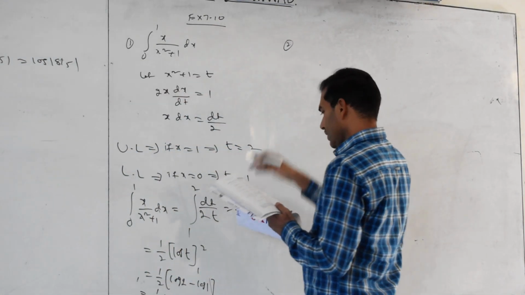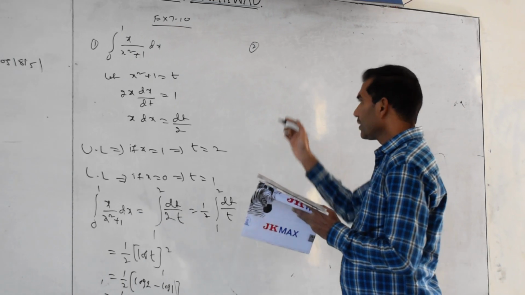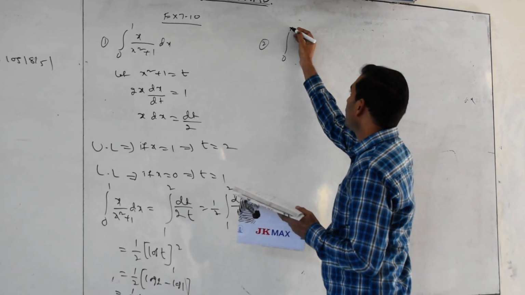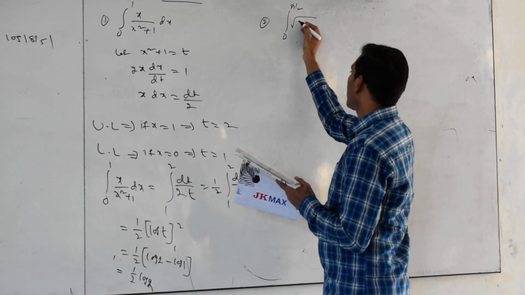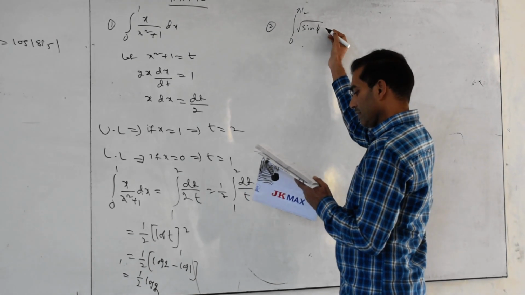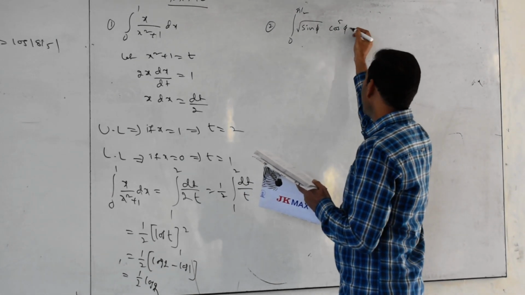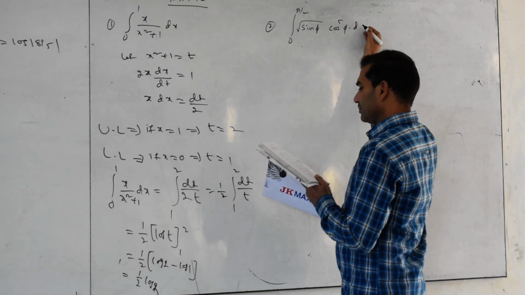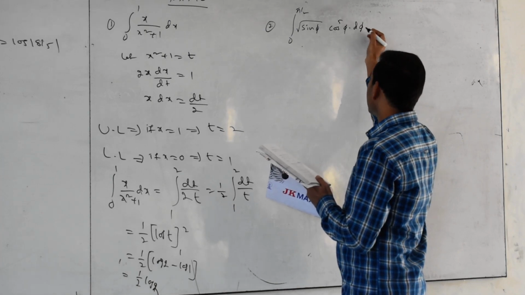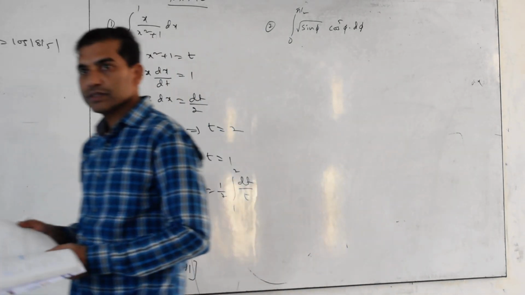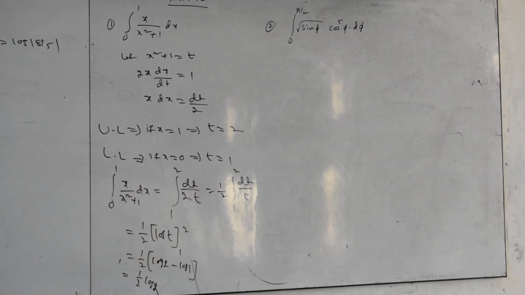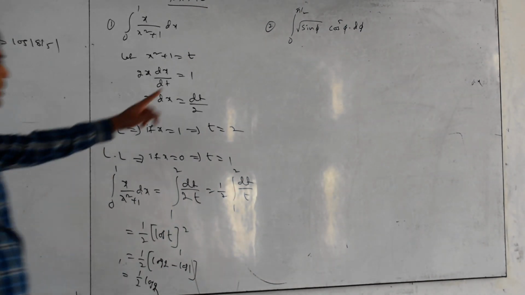Next, the second question is the integration from 0 to pi by 2 of root of sin theta cos power 5 theta d theta.